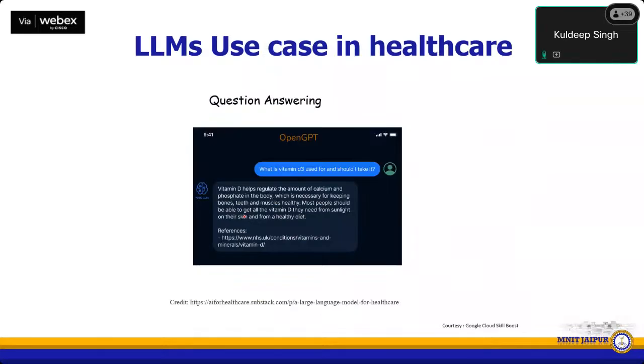Most people should be able to get all the vitamin D they need through sunlight on their skin and a healthy diet. It has also given a reference from where it has taken the description. So, LLMs can be very handy in answering questions related to the medical domain.